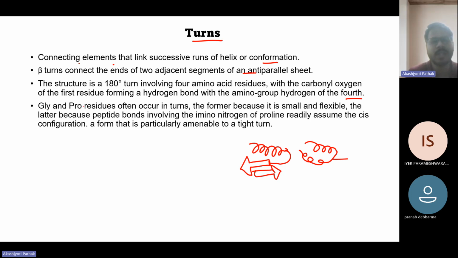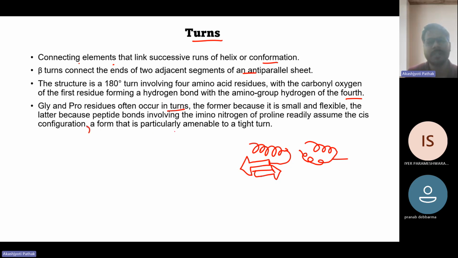These glycine and proline residues often occur in turns, while in the alpha helix they have a very low propensity of being present. Glycine can occur in a turn because it is small and flexible, while proline can be present in a turn because the peptide bonds involving the imino nitrogen of proline readily assume the cis conformation.